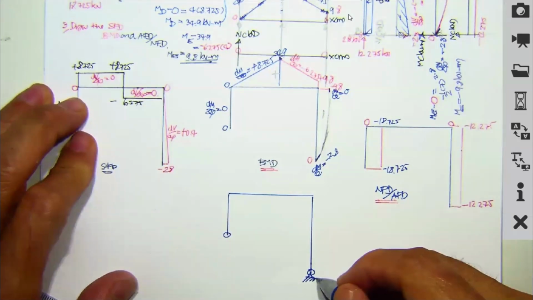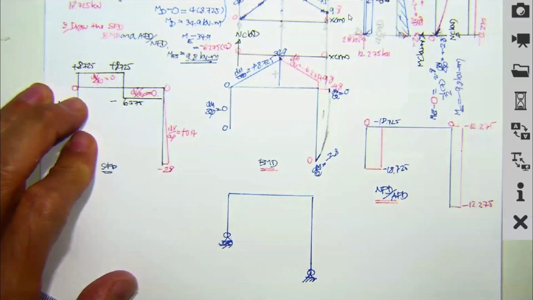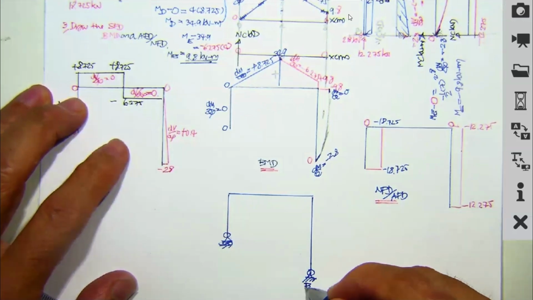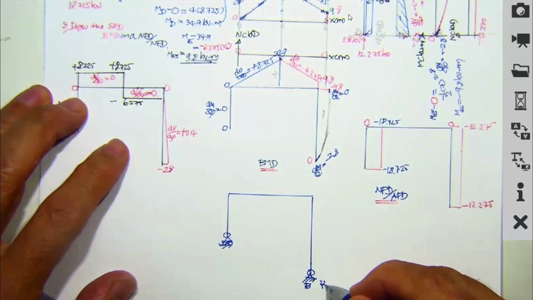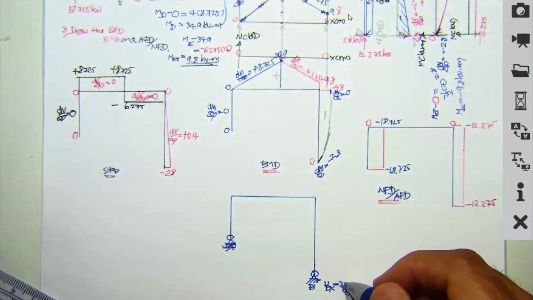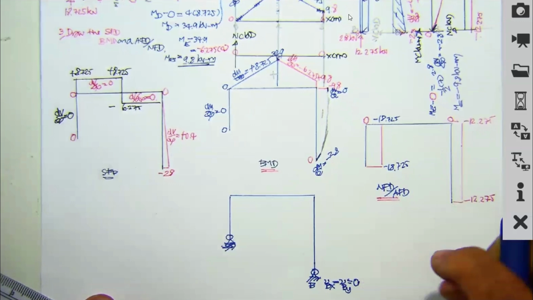Sorry, this one to be the pin. This one to be the roller. For this point B, since this is roller, V sub Bx, the linear displacement, is going to be 0.